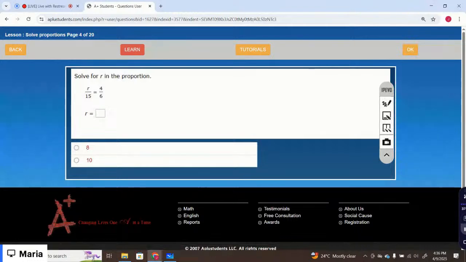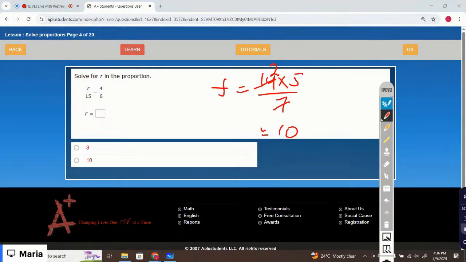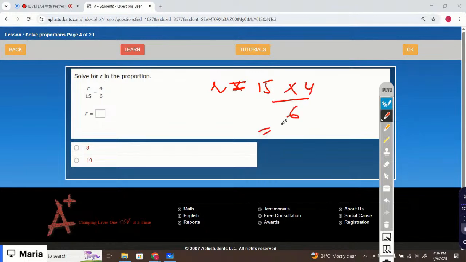Solve for r in the proportion. So r equals 15 times 4. Just multiply by 15 on the other side, divided by 6.